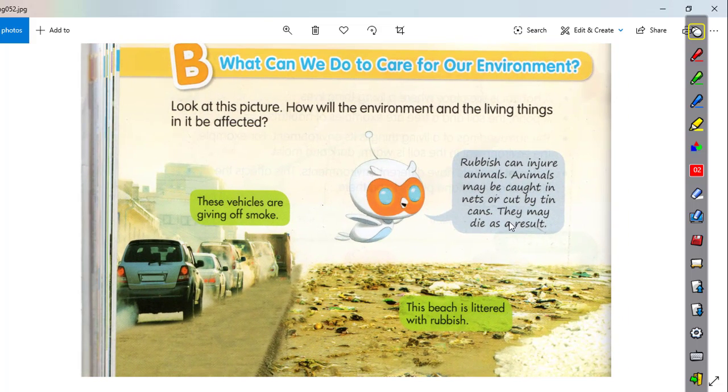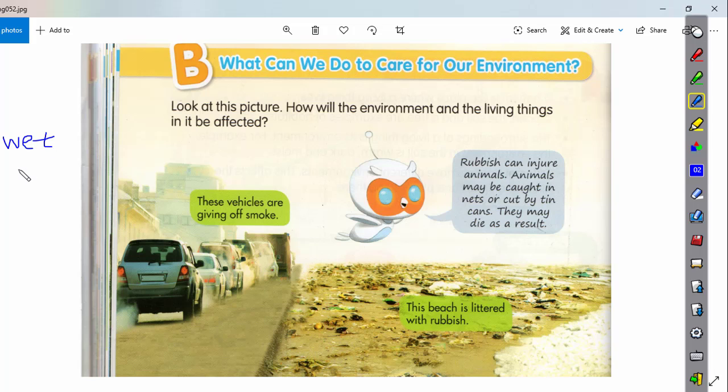Okay, so after we have learned about the environment, I want to ask you. Because we have known the types of environment, such as the first one is wet environment, right? Wet environment.